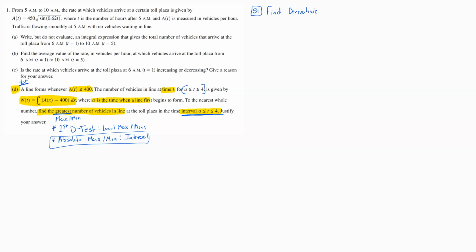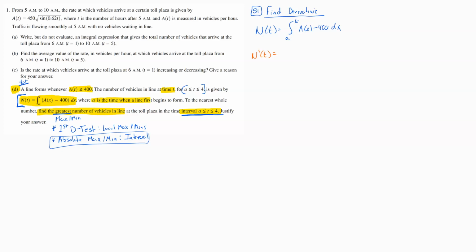In this problem, we are trying to find the greatest number of cars in line, so we're trying to maximize this formula: n of t equals the integral from a to t of A of x minus 400 dx. To find our n prime of t, we're going to be using the Fundamental Theorem of Calculus part 1.